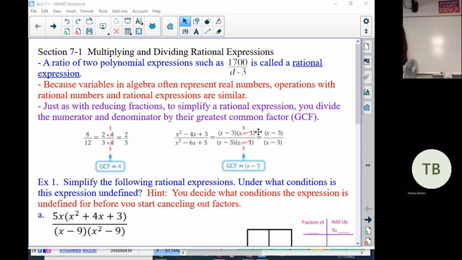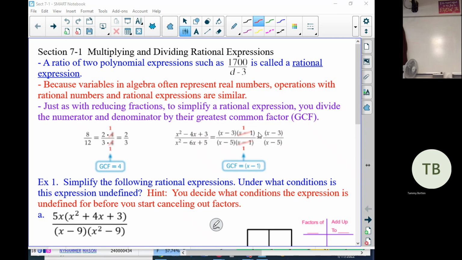So I gave you guys a new factoring sheet. You probably do have one, but I just made copies for another one. So today, what we are going to do is learn how to simplify rational expressions. And to do that, you have to know how to factor.